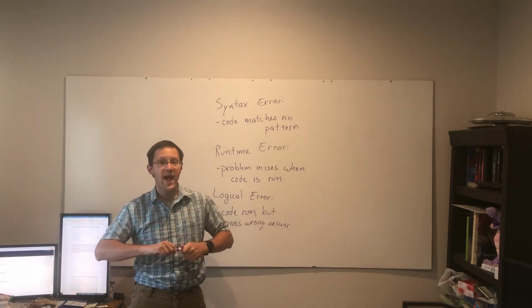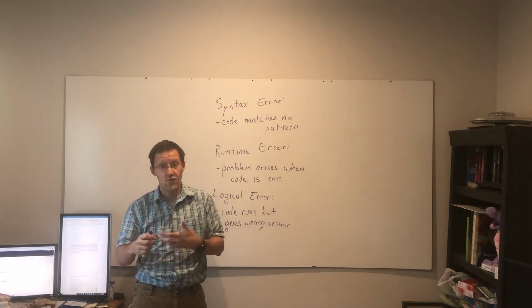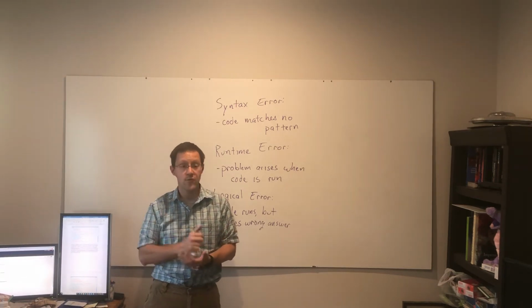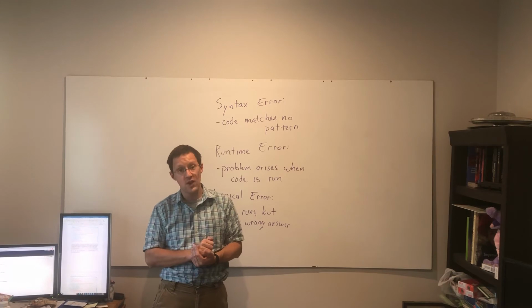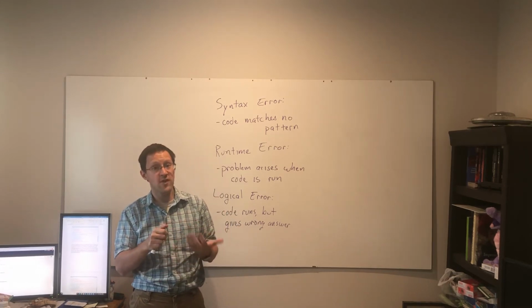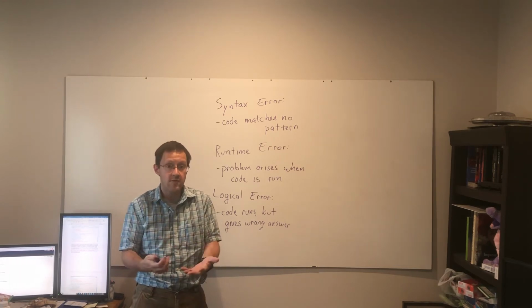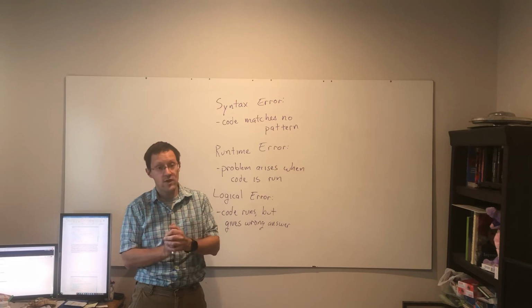So you might have, say, a typo, if you want to add two things, but you tell it to subtract instead. Instead of having x plus y, you put in x minus y. It will run, it will give you an answer, just not the one you want.